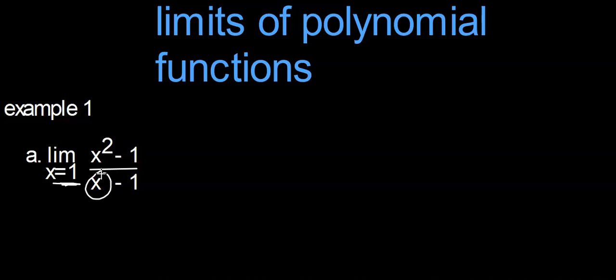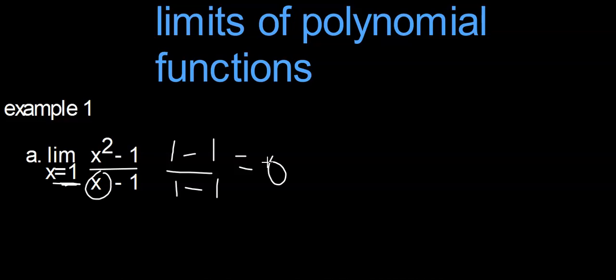So it seems like we're going to get 0 when you substitute 1. 1 times 1 is 1, and 1 minus 1 over 1 minus 1, so my 1 minus 1 is 0. I don't want my answer to be 0, so for that reason I need to find some other way, or simplify this whole thing, and then finally I can substitute 1. So the steps are: first try to substitute the number that they give you, and if you get an answer other than 0, that will be your answer.